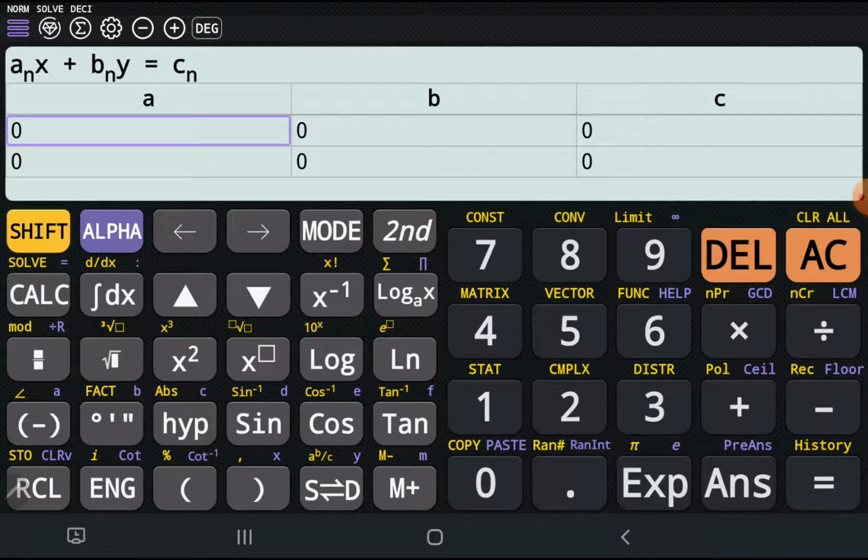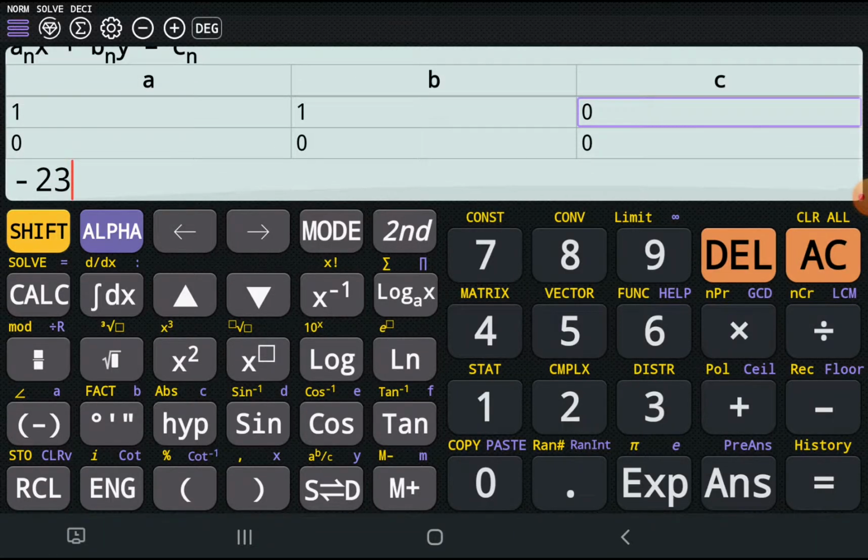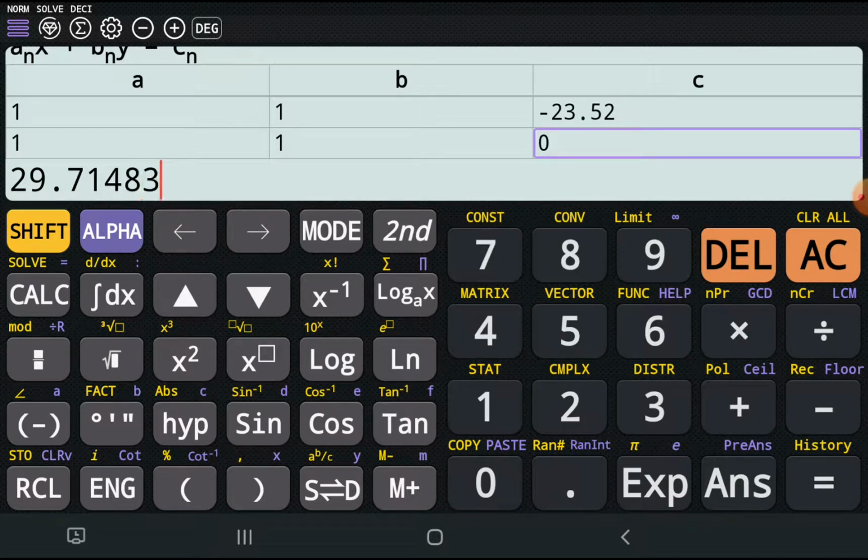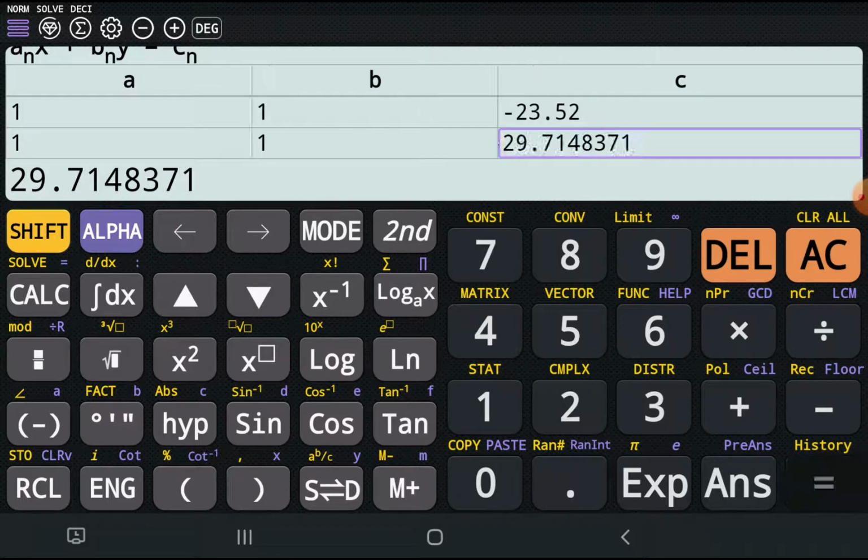So, we have 1. So, input mo lang, 1 equals negative 23.52. So, equals positive 1, then we have 29.7148371 equals.